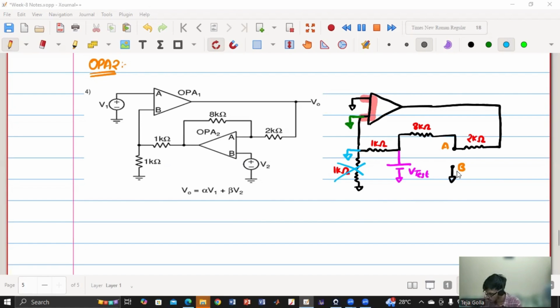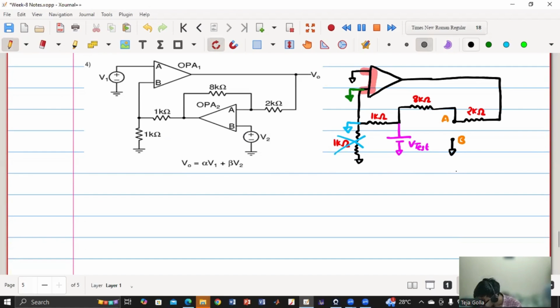So now you know that VB is already zero. So my VB is already zero. Okay. So this terminal is V test. VA equal to 10 by 11 V test. How did you get it? VA is 10 by 11 V test.